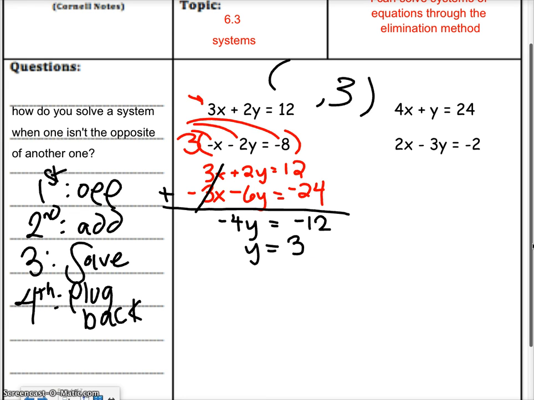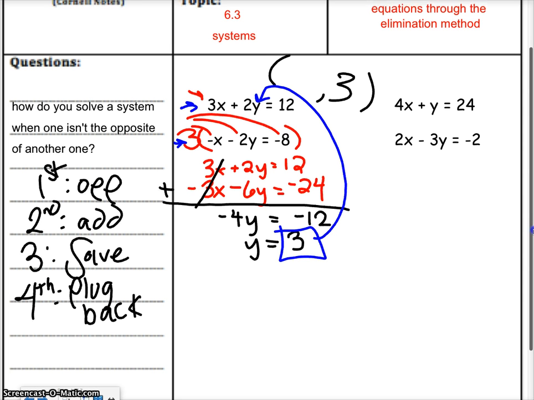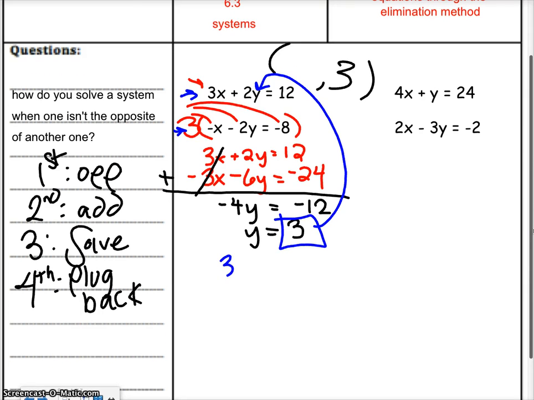That means that I bring this to any equation you want. You have this one or this one. I'm going to bring it to the top because there's no negatives. So this is going to go here with the y because that's a y. So 3x plus 2 times 3 equals 12. 3x plus 6 equals 12.